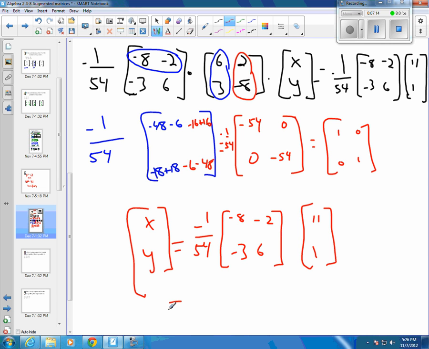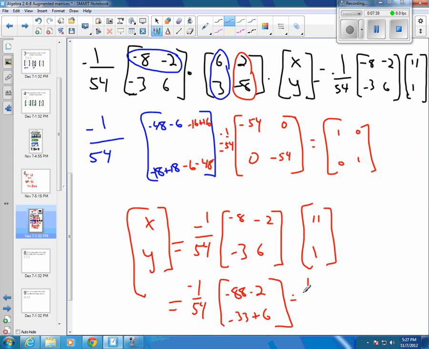I'm going to just leave this negative 1 over 54 again for a moment. I'll multiply it in when I'm done. So 11 times 8 is negative 88. This is a 2 by 2 by a 2 by 1, so my answer is going to be a 2 by 1. 1 times negative 2 is a negative 2. And then 11 times 3 is going to be a negative 33. And 1 times 6 is 6.